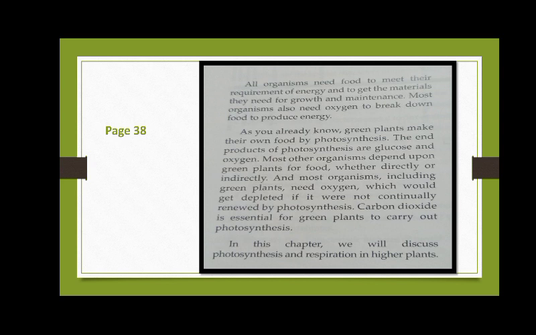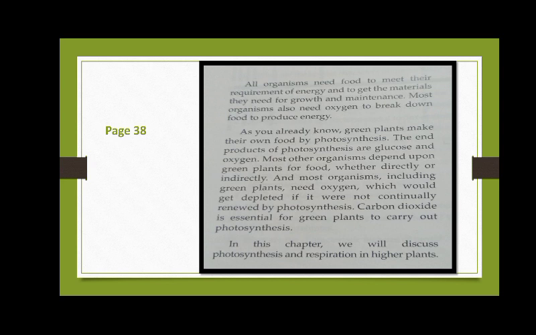Most other organisms depend on green plants for food. Whether they directly take this food by eating green plants, as most of the organisms do, right? And others, they indirectly by eating other animals who eat plants.